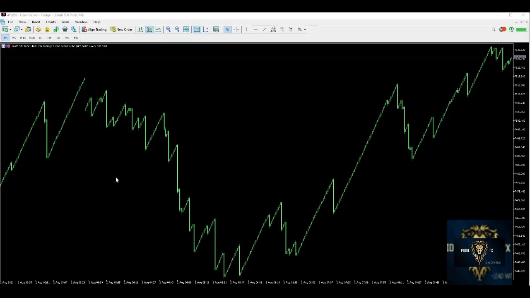So today we are looking at the cheat codes of Boom and Crash, and so let's dive straight into it. The first thing I want to speak about is the series of this, and most of the times people are hyped up about the spikes that happen in this series, right, to catch these spikes.